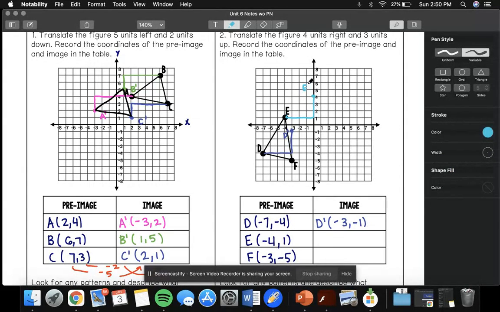So E prime is right here. As an ordered pair, that would be 0, 4. And then for F, we're going to go 4 units to the right, 3 units up. Label it F prime. As an ordered pair, that would be 1, -2.